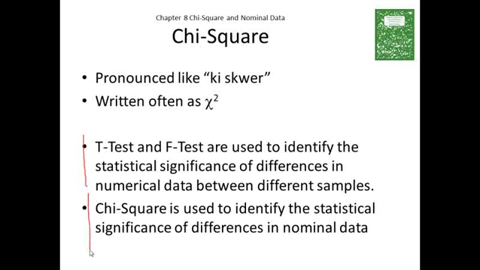So we're trying to identify the statistical significance of differences in nominal data. So, as a reminder, t-test for 2 samples, numerical, f-test for 3 or more samples, numerical, and chi-square for nominal, that's categorical type data.